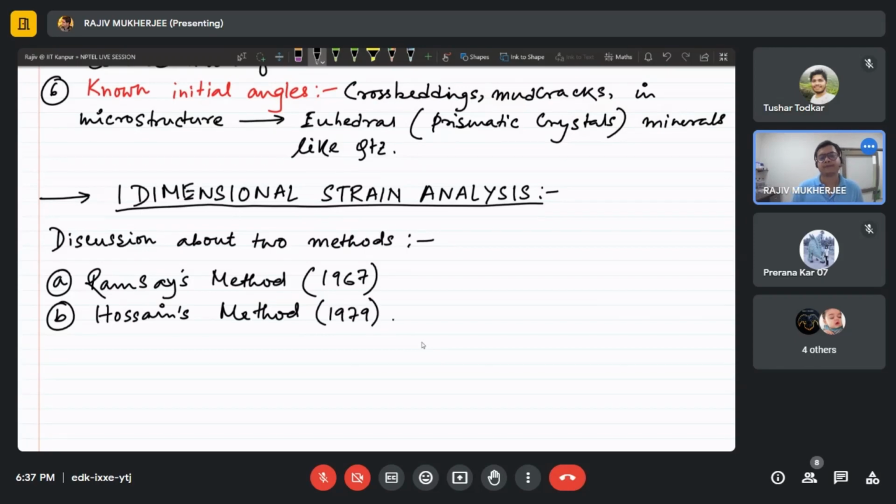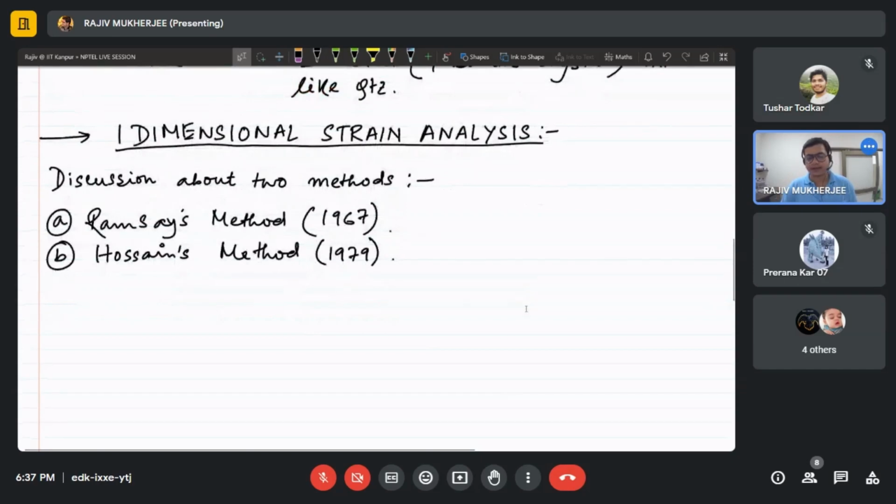Okay, so we will discuss these methods briefly about how this strain estimation is done.